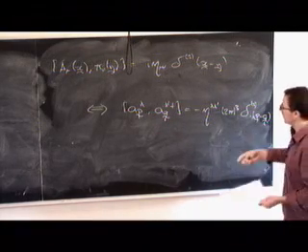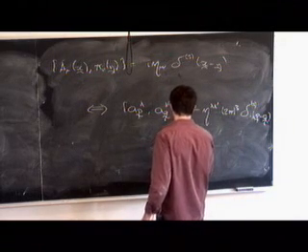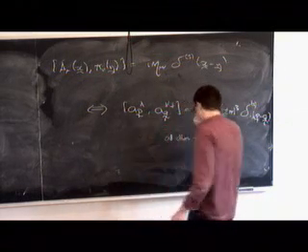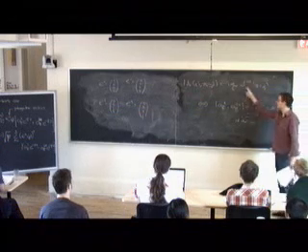Okay, so all others 0. This is the usual kind of commutation relation we've seen over and over again.